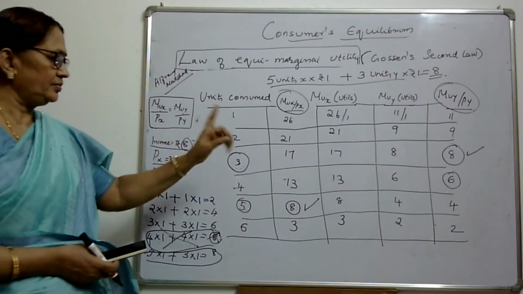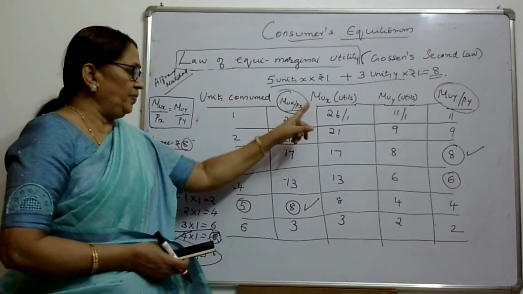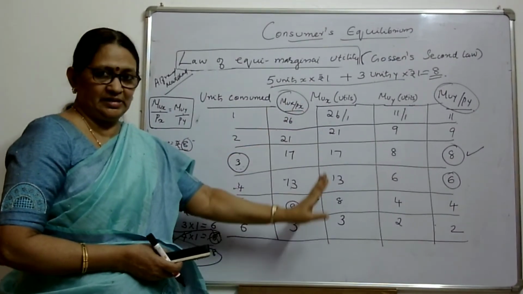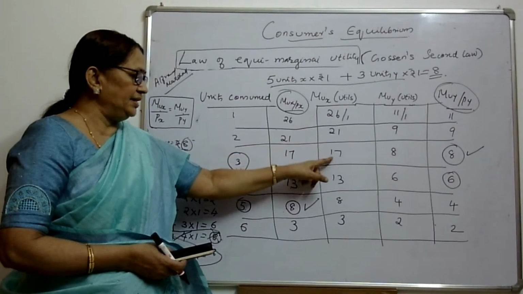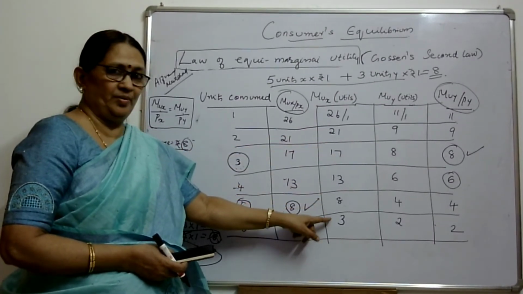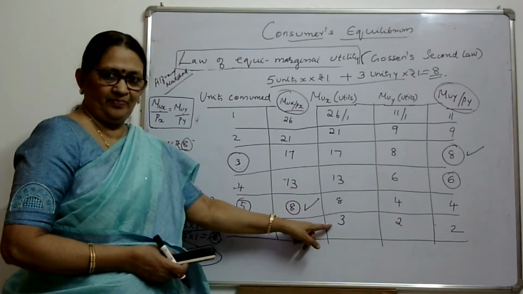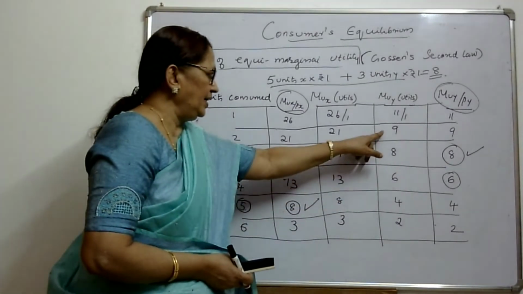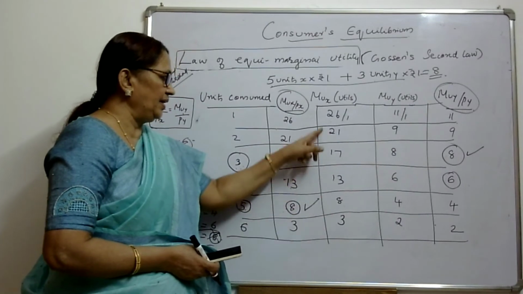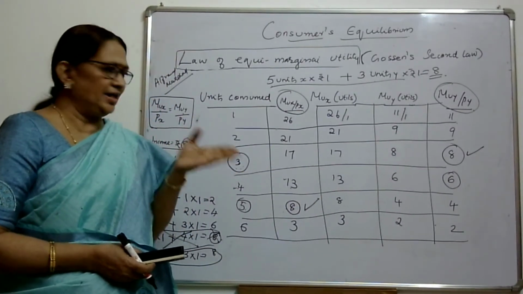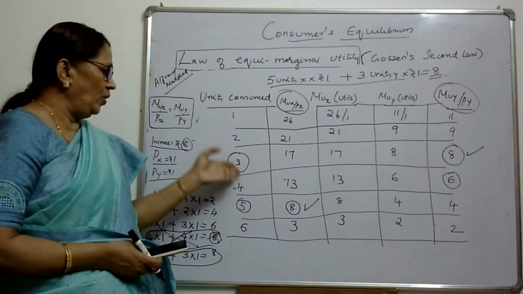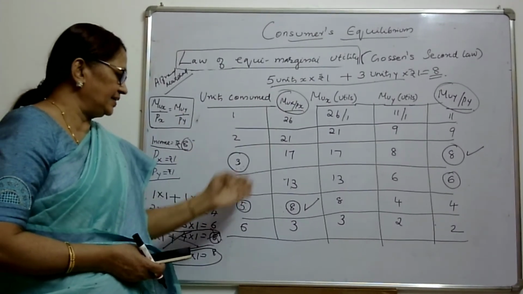Then he prefers, according to this table, he is deriving more utility by consuming commodity X compared to Y. This commodity is giving him more satisfaction. Naturally, a rational consumer will consume more of commodity X.